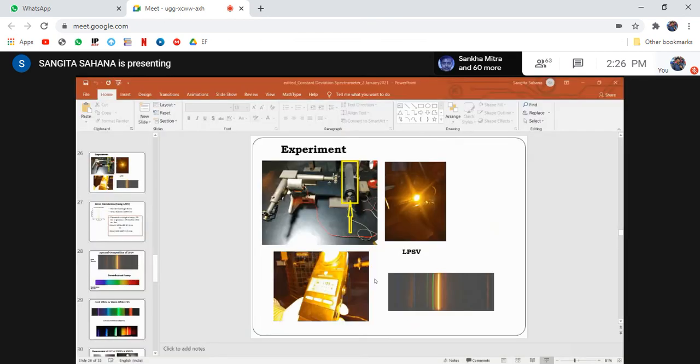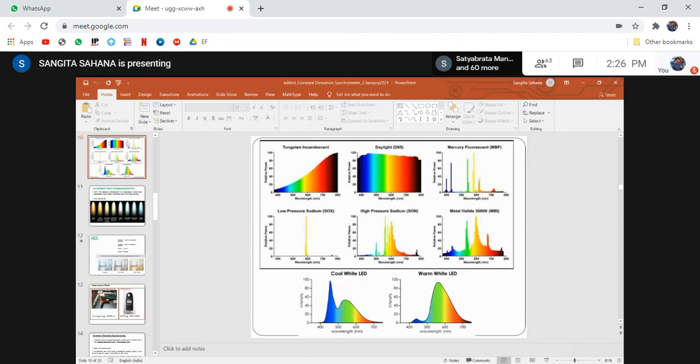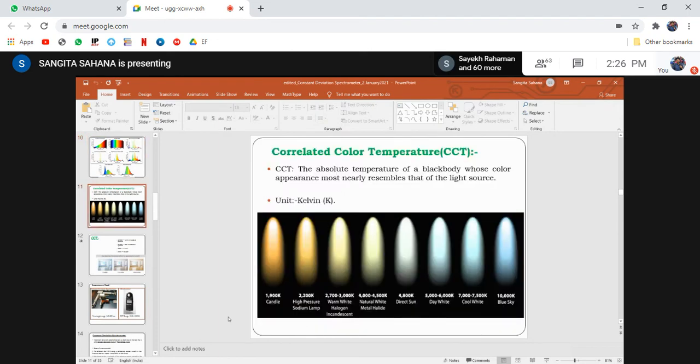Sir, in this context, in case of an incandescent lamp, all the colors are diluted with each other, and yellow or red colors are more prominent.